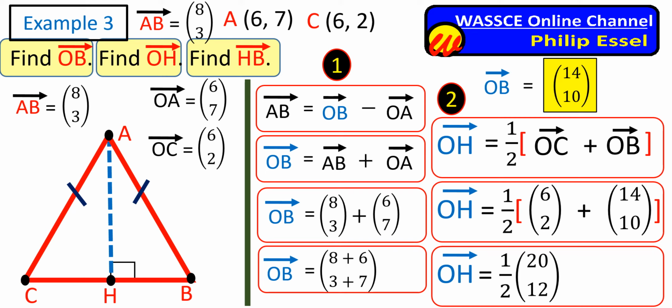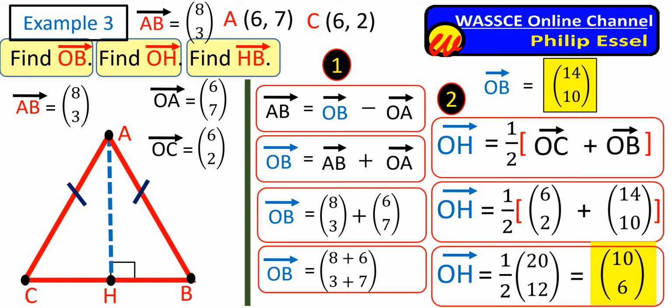When you calculate half of the vector 20, 12, you would get the vector 10, 6. Therefore, the position vector OH is equal to the vector 10, 6.